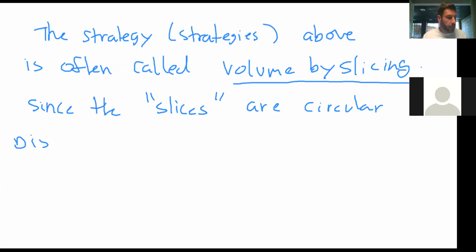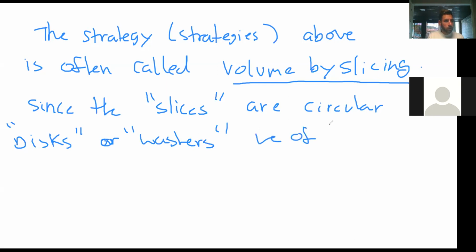All right, so anyhow, we usually give even more specific names, because if we look at what the slices are, you can think of them as discs or, depending on the case, washers. We use those names as well.